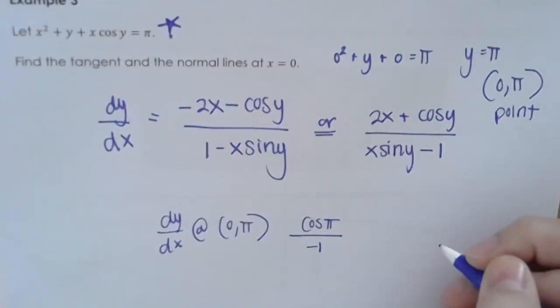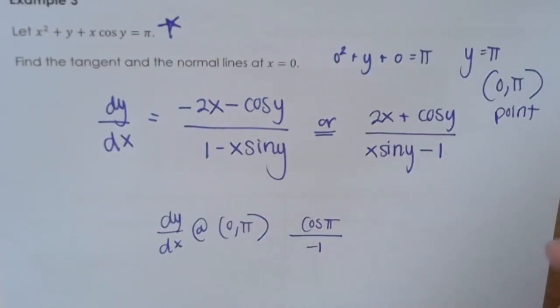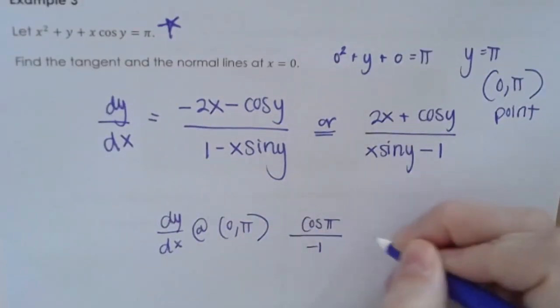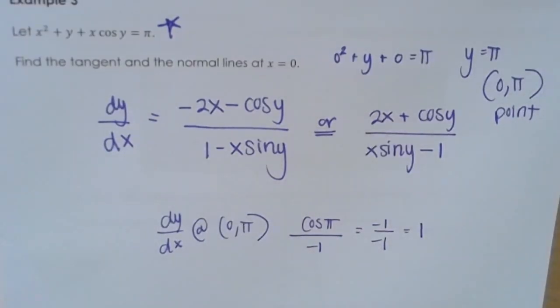So cosine of pi is, oh, actually, negative 1, sorry. So we have negative 1 over negative 1, which is a positive 1 right there. So there's your slope for your tangent.